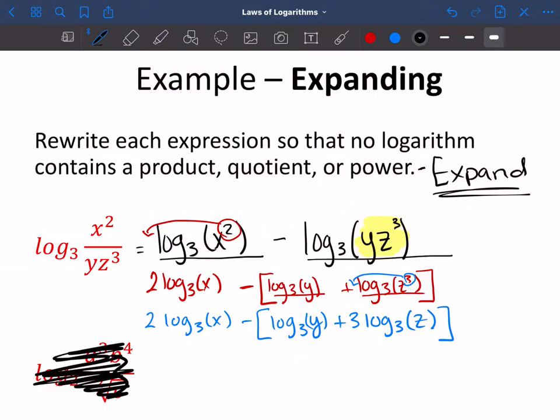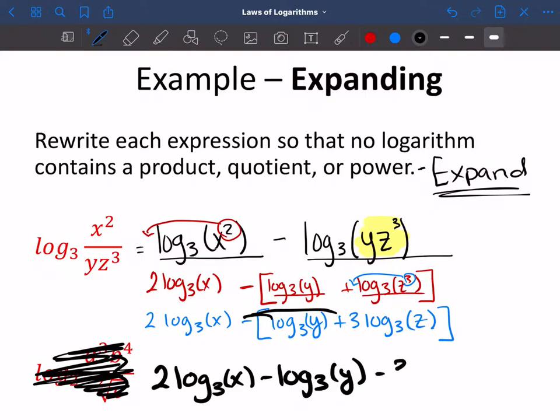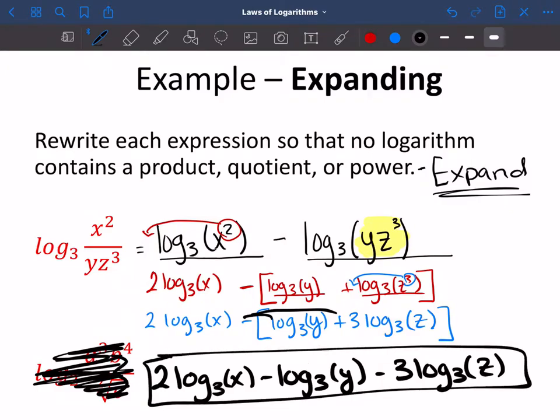So I can just continue. So we end up with 2 log base 3 of x. Let's distribute our negative, minus log base 3 of y minus 3 log base 3 of z. And that is our final answer.